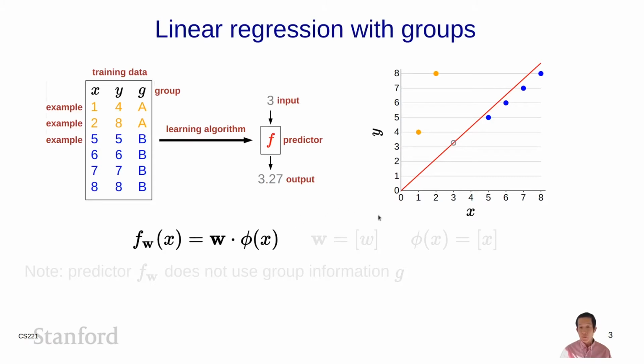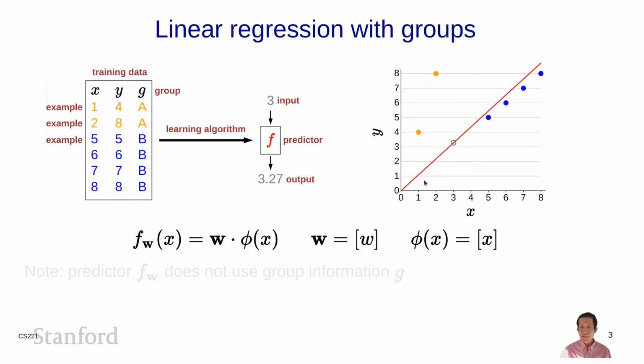In the simple example, we're going to restrict ourselves to the case where the feature vector is simply the identity map, just x, which gives us a hypothesis class, which is the set of all lines that go through the origin. So you can think about sweeping lines through the origin here. And the weight vector is just going to be a single number, w.